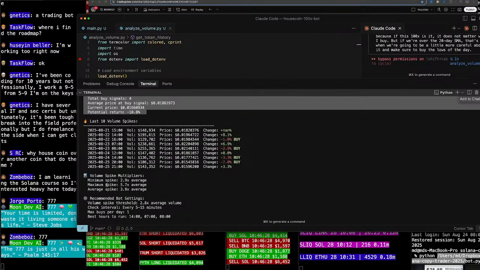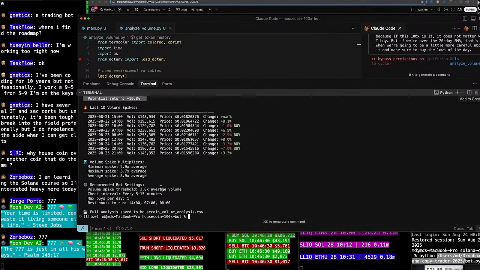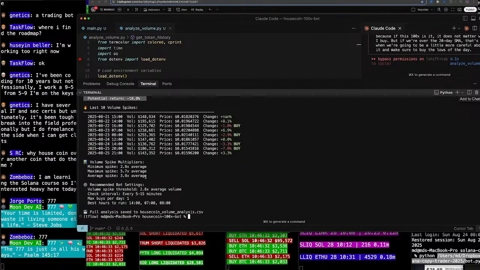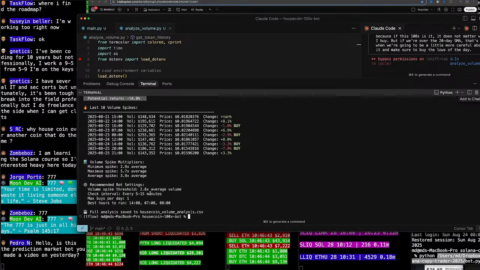Volume spike multipliers: minimum spike 2.9x, maximum spike 5.7x, average spike 3.9x. Recommended bot settings: volume spike threshold is 2.x average volume, check interval 5 to 15, max buys, okay.